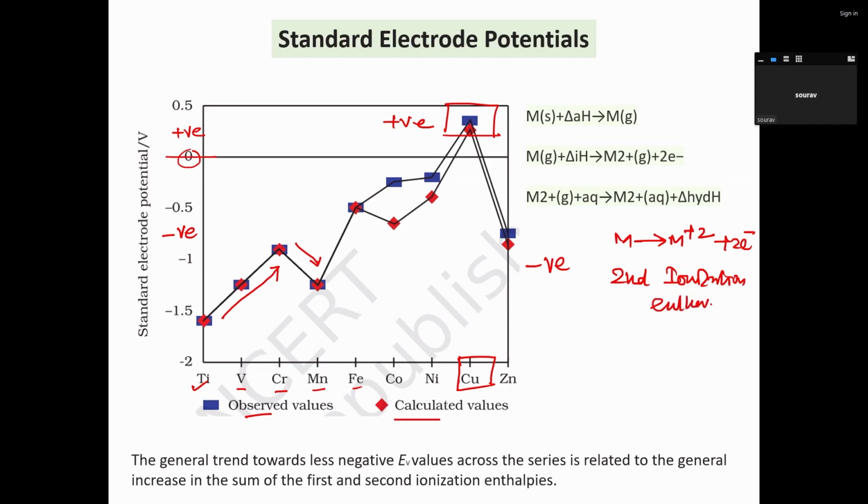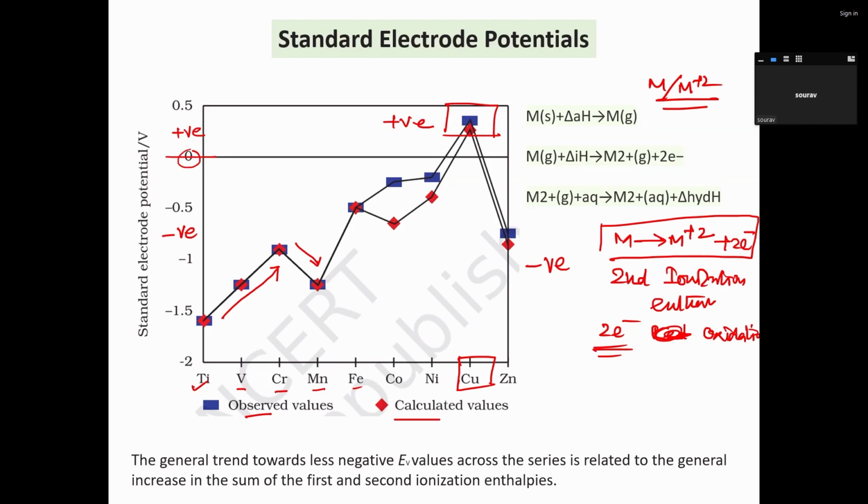So here the two electron oxidation, because we are talking about M to M plus 2. So this is the two electron oxidation that happens.